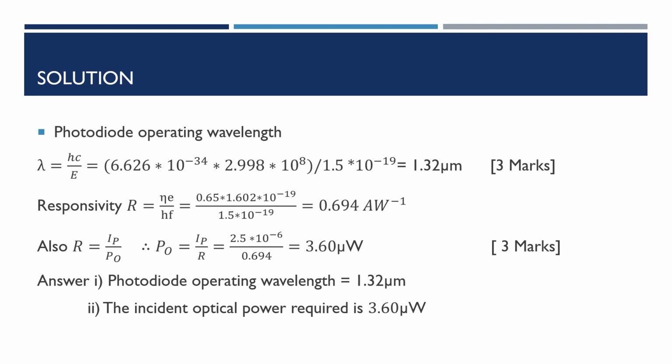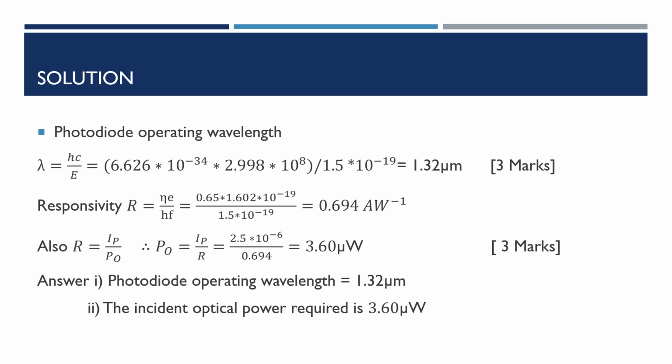So if you put in the values, quantum efficiency is given in the numerical as 65%, that's why it is 0.65, along with the energy of the photon, the Planck constant and the frequency. The answer is 0.694 ampere per watt.